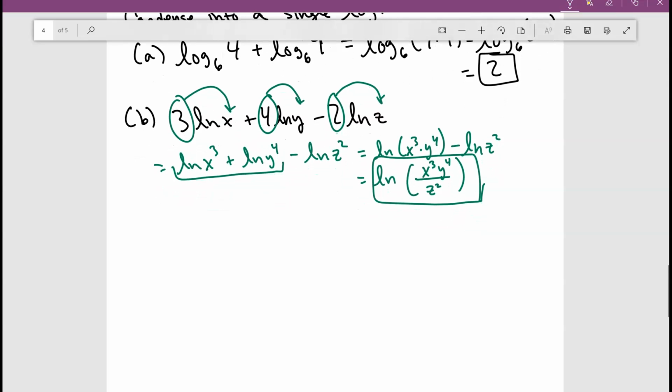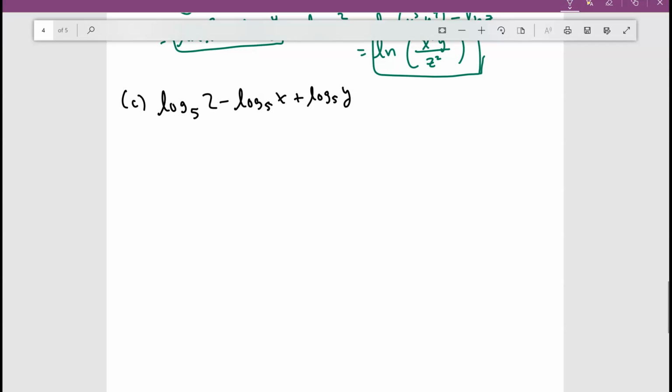Okay, so let's do a couple more. Let's say you had log base 5 of 2 minus log base 5 of x plus log base 5 of y.